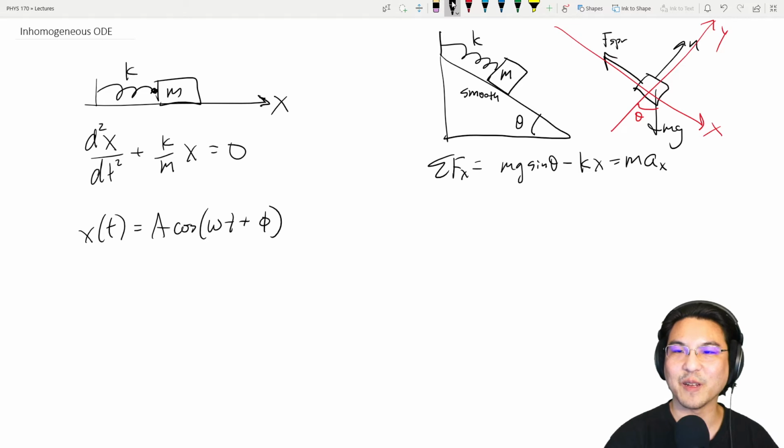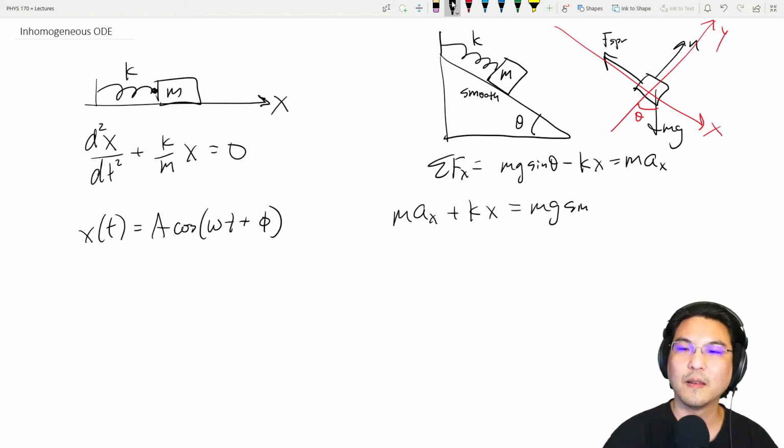Okay, so let me move this on that side of the equation. We can divide everything by something that's non-zero, the mass. I'll just divide everything by mass. Okay, and then acceleration is the second derivative of position.